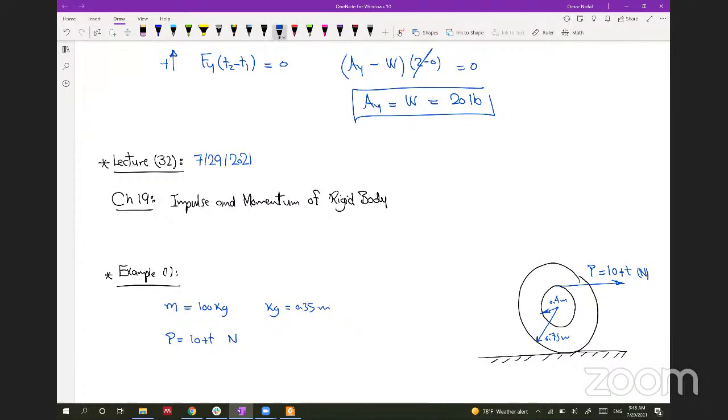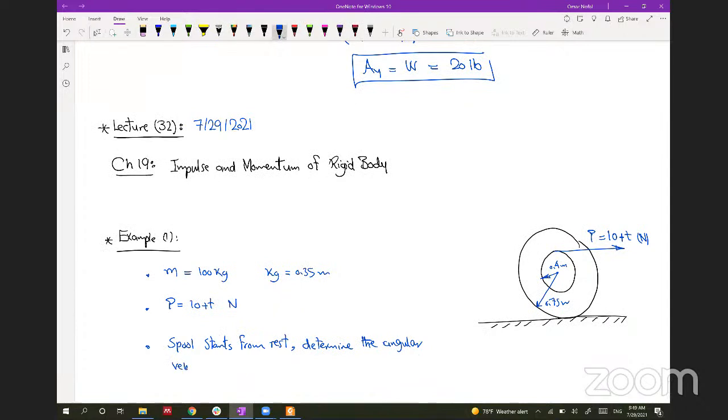And this disk or this spool starts from rest, and you are required to get the angular velocity at t equal 5 seconds.